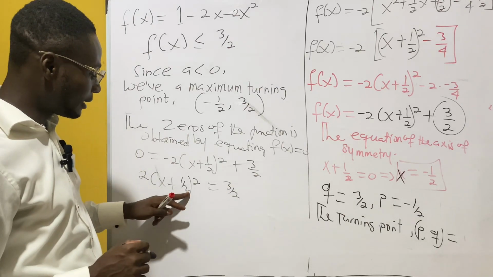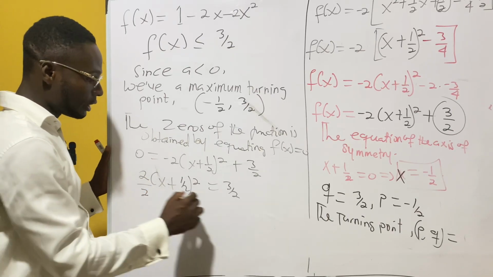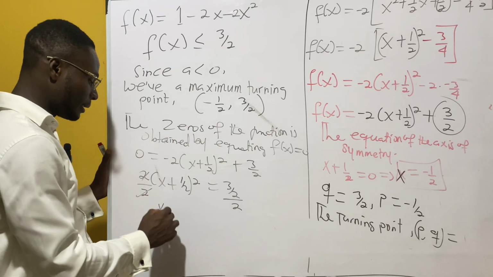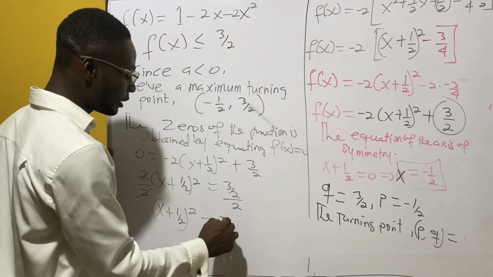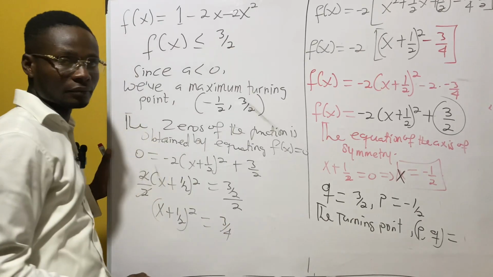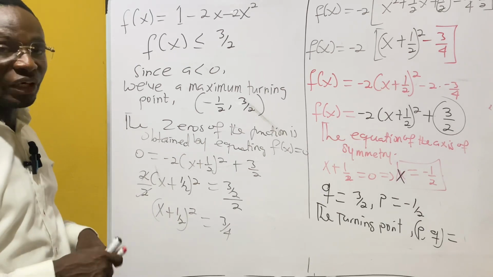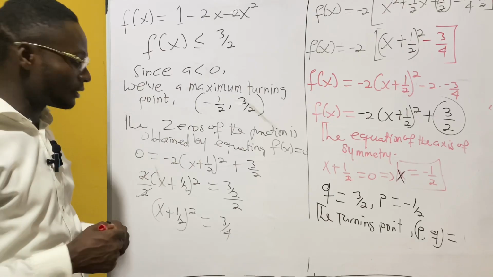We are interested in x, so let's get rid of the 2 here, right? So we have x plus half all squared is equal to 3 on 4, right? Once we have this, we take the square root on both sides, and that is going to be plus or minus the square root.